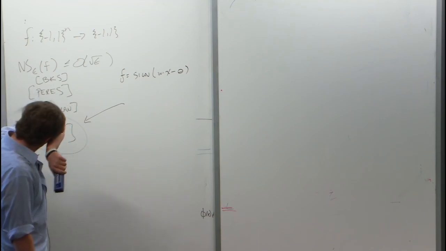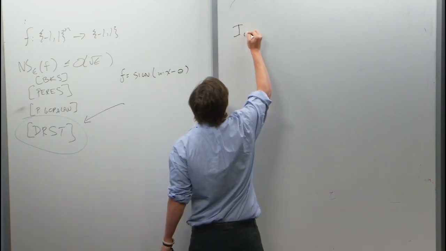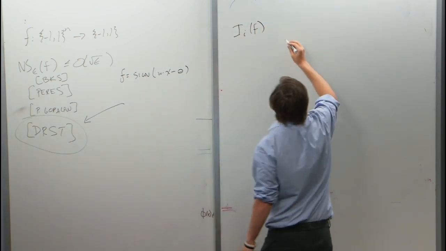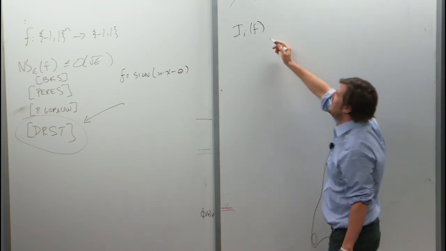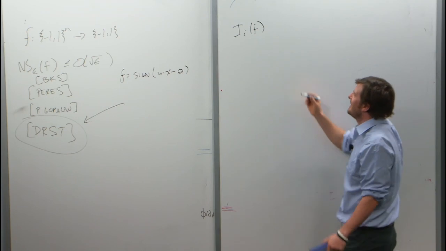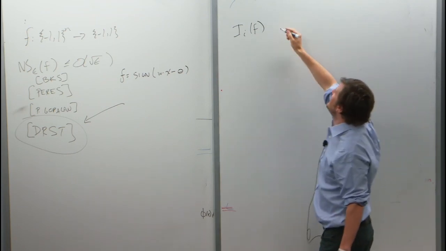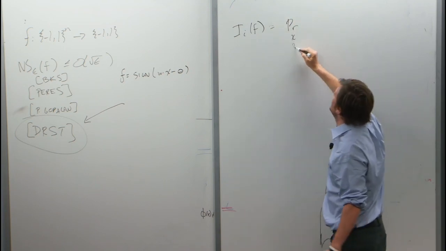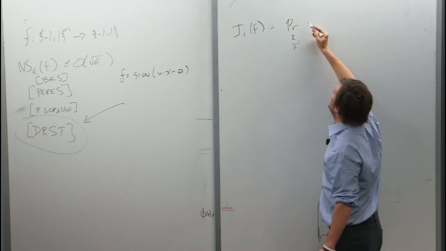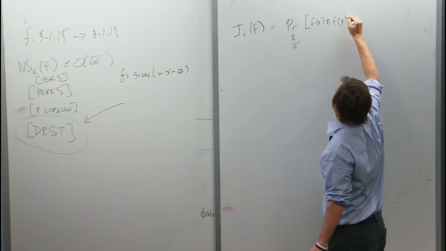So, I need to define the influence of a Boolean function. I think most people have seen this. It's a super important quantity in the analysis of Boolean functions, introduced by Ben-Or and Linial. This is the probability that when I choose a random x and flip the ith bit of x, the function changes sign.